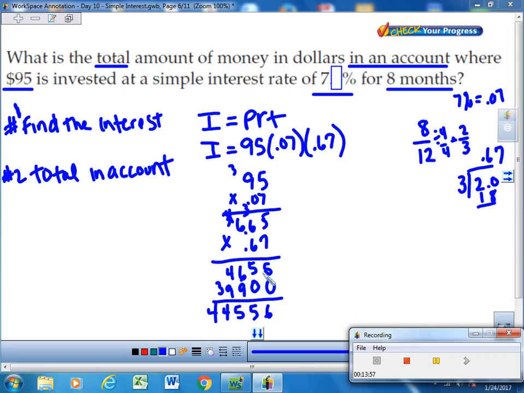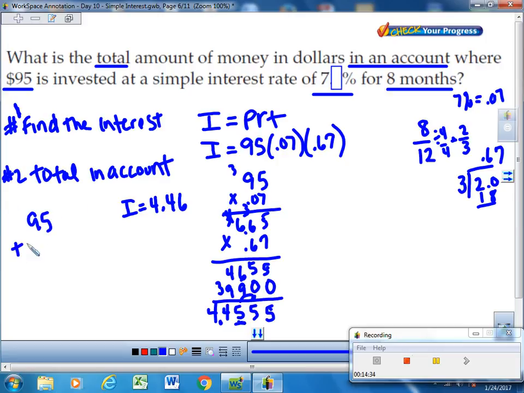Okay, and I notice that this is a 5, so this should be a 5. All right, and then I have 4 decimal places. So round to the nearest cent. So this would be 4 point, and then I'm going to round here. So I look to the right. This is 5 or more, so I'm going to round up 4.46. So interest is $4.46.